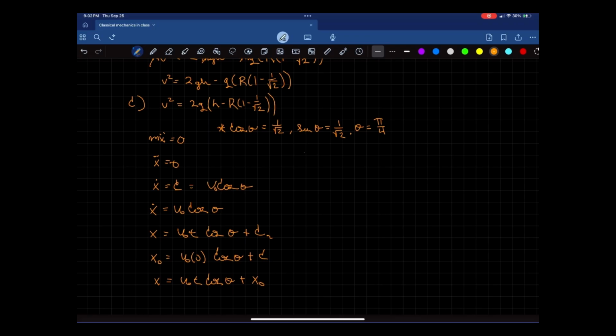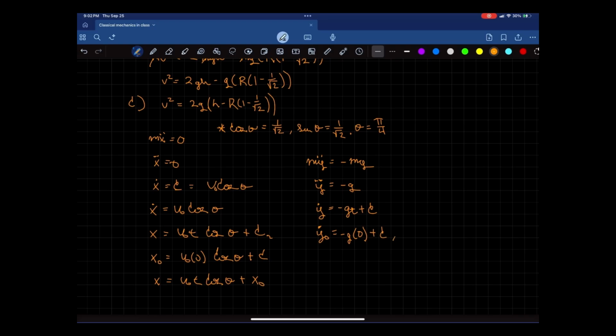And now for y, we have m y double dot equals minus mg. Taking away the m, y double dot equals minus g, and y dot equals minus gt plus c. And then we do the same thing. We zero out our y dot, so gt becomes 0 because we're doing g of 0, plus c.